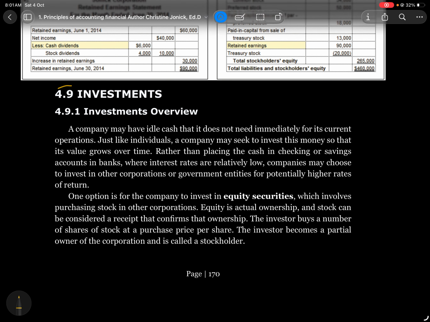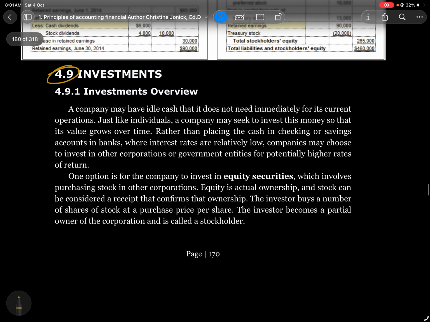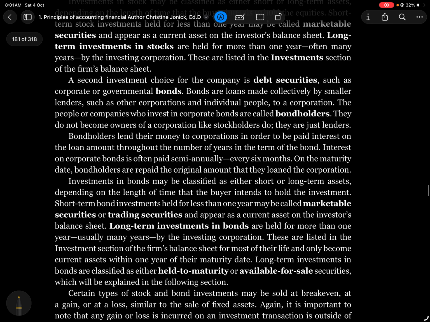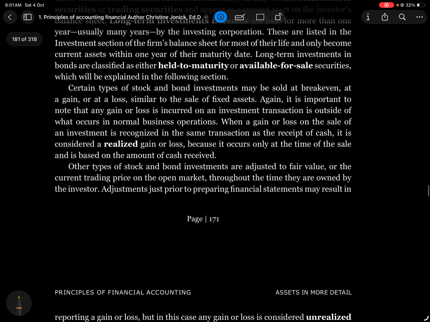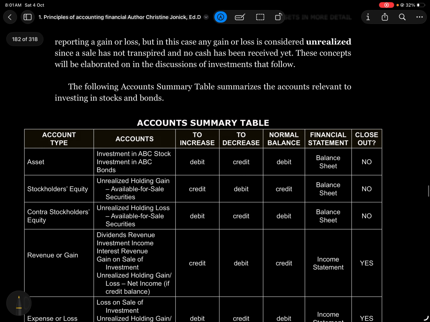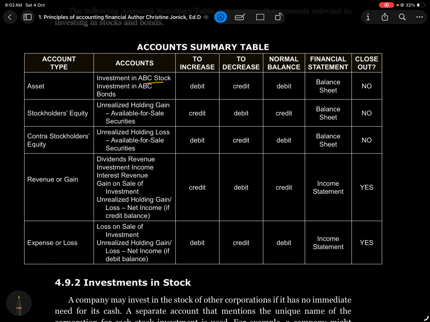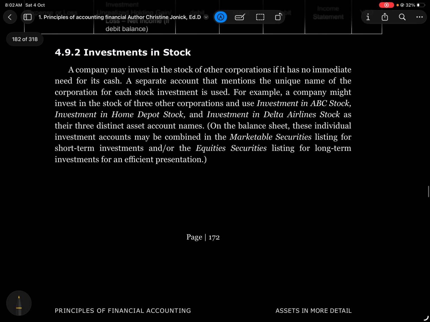Next is regarding investments. Investments in securities or anything, we normally record by debiting the asset. So for investment in stock, we would debit to increase.